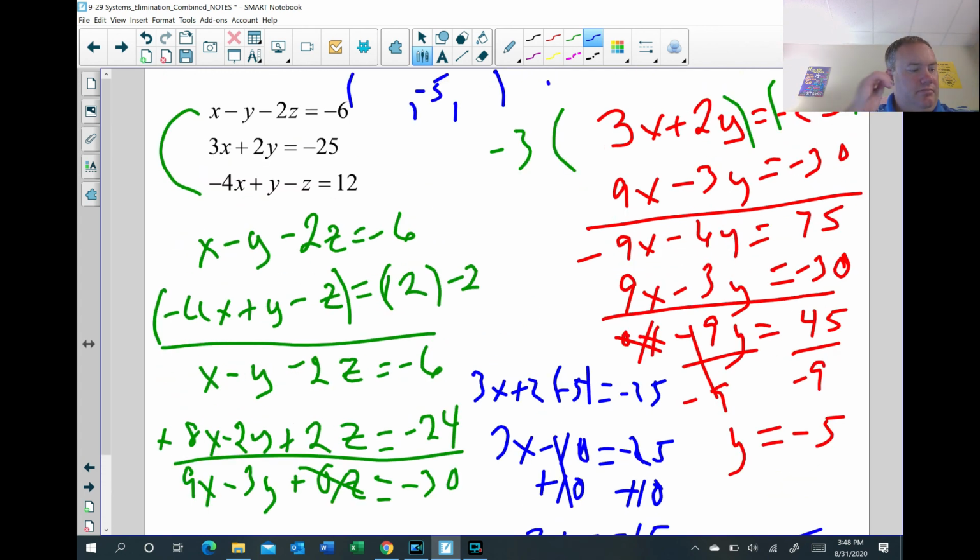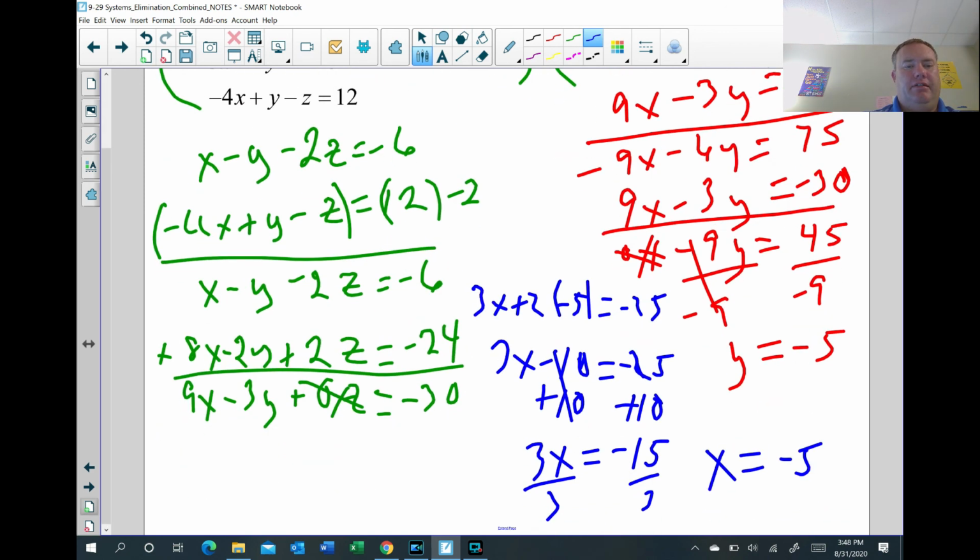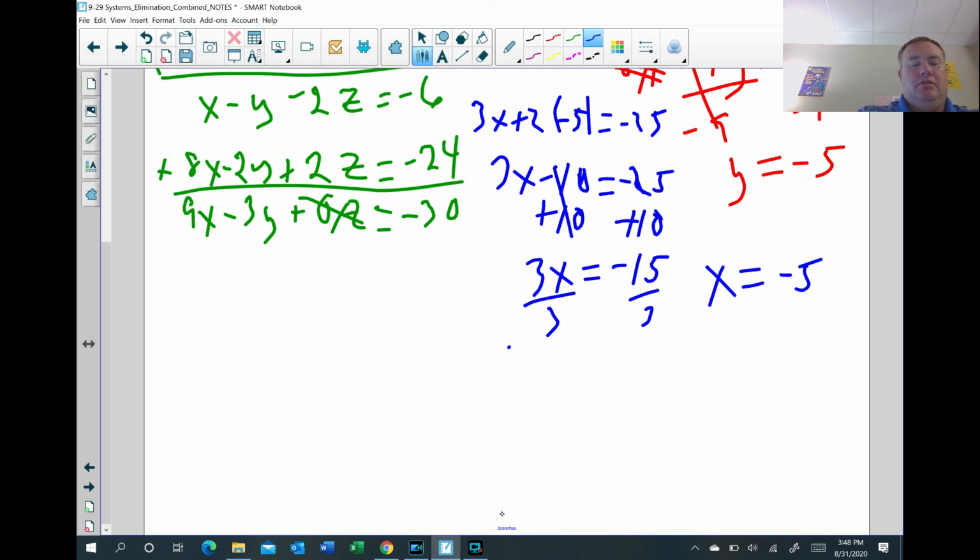So in this problem, I get an x that's negative 5, and I get a y that's negative 5. And from here, I can plug in these two and then just solve for z. Okay? So if you take a look at this, I'm going to write it down here.